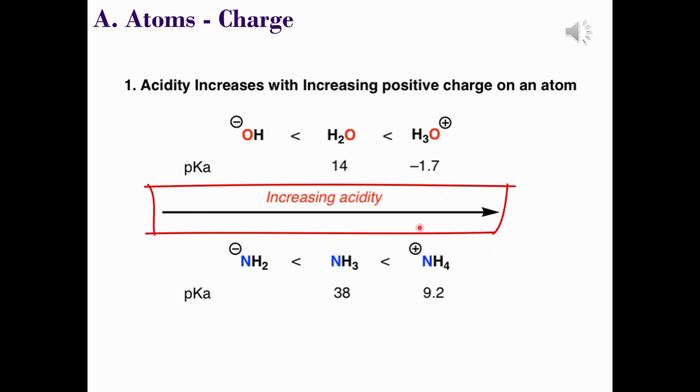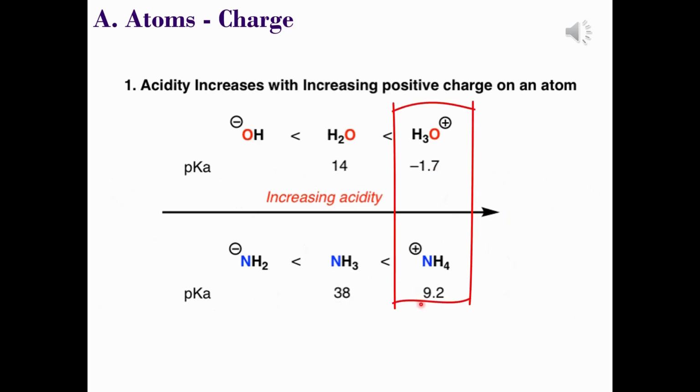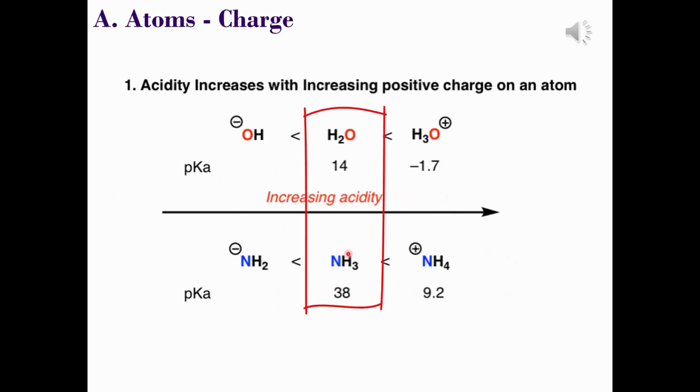That is, they become more acidic, and this is reflected by the decrease in pKa across this series. The removal of a proton from either the hydronium or ammonium ion is easiest because this decreases the formal charge by 1 unit and forms a neutral molecule, that's water or ammonia respectively, as the conjugate base.